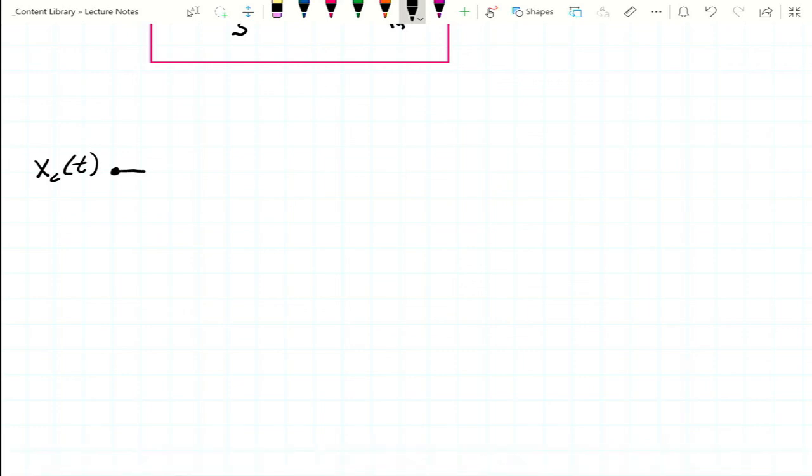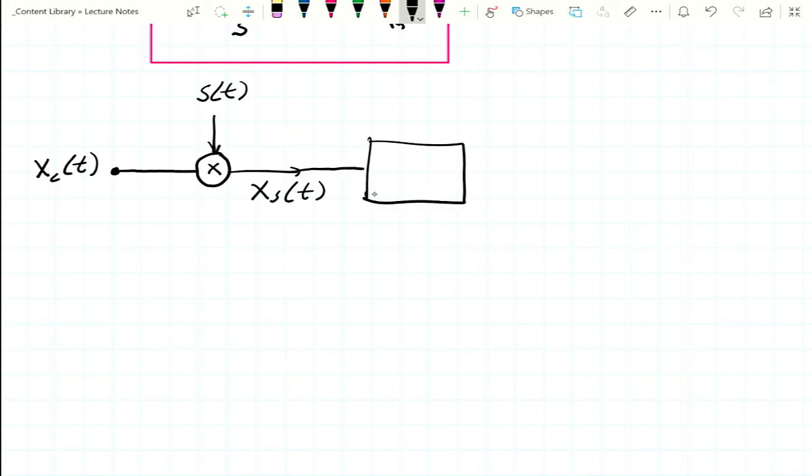So we have our original signal coming in. It's being multiplied by S sub t, getting our sampled one, and then we're going to pass it through what we're going to denote right now as h sub r of t, or excuse me, little h.